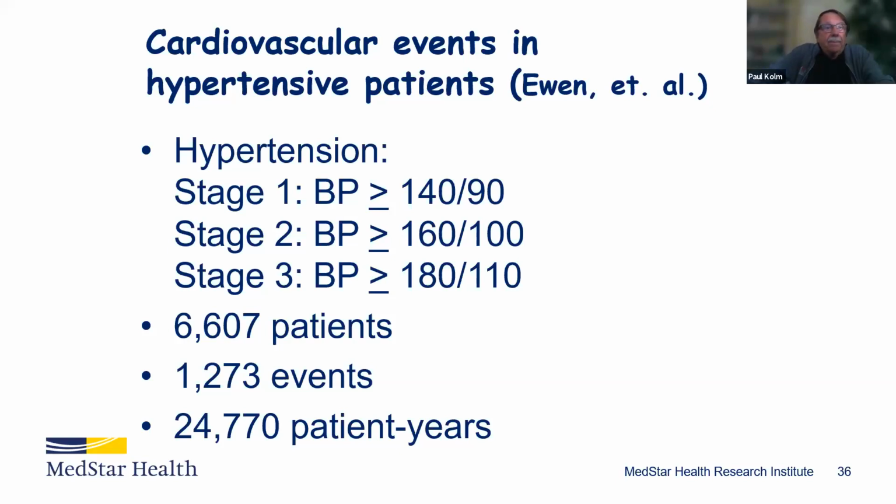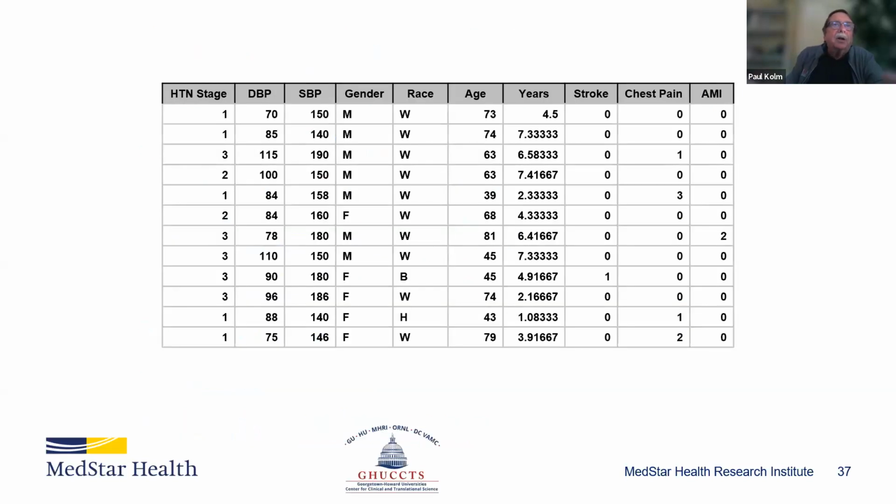And so in terms of data, we have nearly 25,000 patient years to analyze. First of all, here's what the data looks like. We have our hypertension stage, then our blood pressures, gender, race, age. The years here is their years of follow-up, so that's what we're going to use for our exposure time.